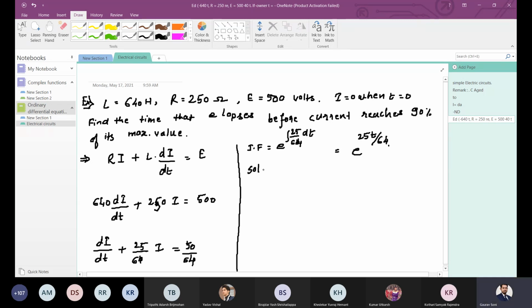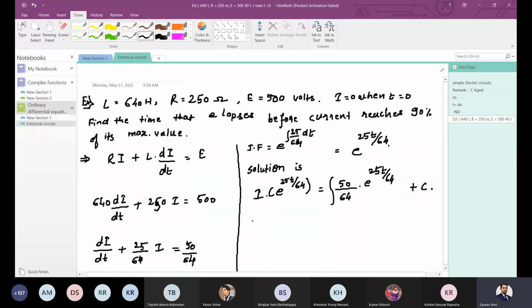So the solution is I into integrating factor e to the power 25 t upon 64, which is equal to the integral of the right hand side, 50 upon 64 e to the power 25 t by 64, plus c. This is how the solution of a linear differential equation is.